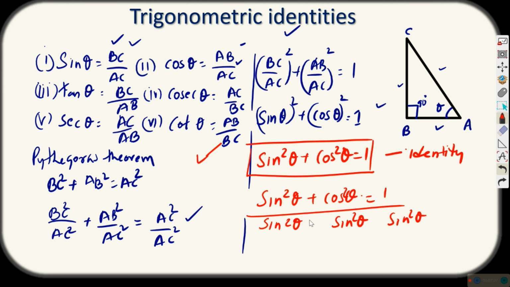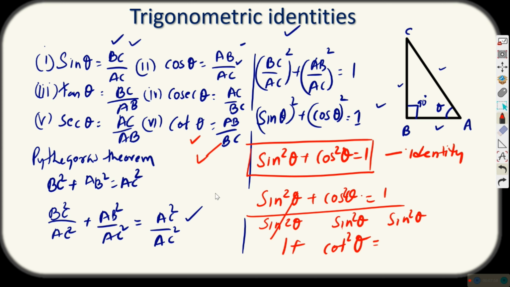Dividing the whole with sine square theta, naturally this will get cancelled. And cos square theta upon sine square theta stands as cot square theta. This is equal to 1 plus cot square theta, and we got the answer as 1 upon sine square theta.